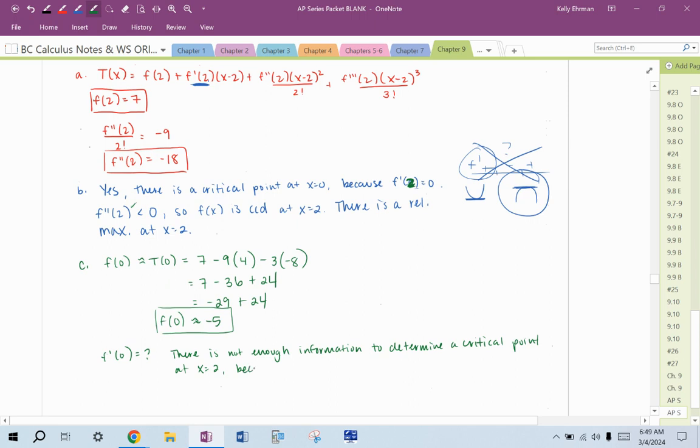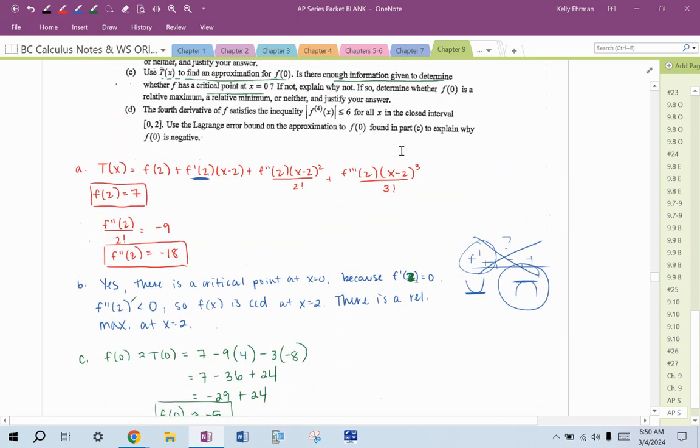And that's because T of x only uses f prime of 2 information. Sorry, I miswrote that in part B. That was f prime of 2 equals 0 for that derivative.